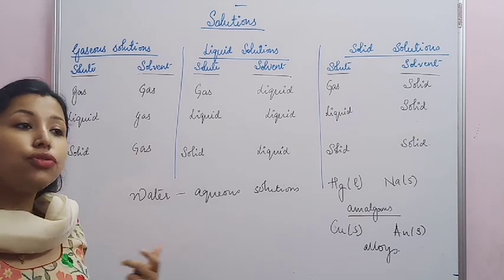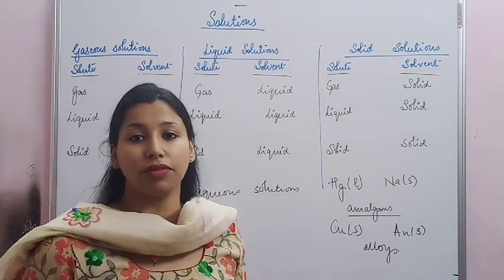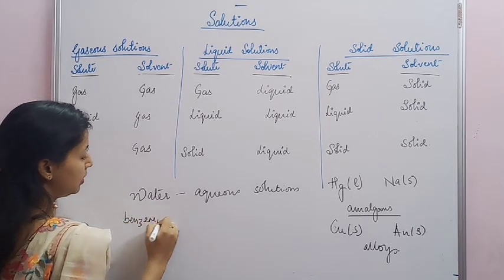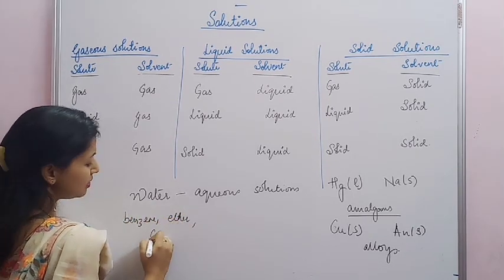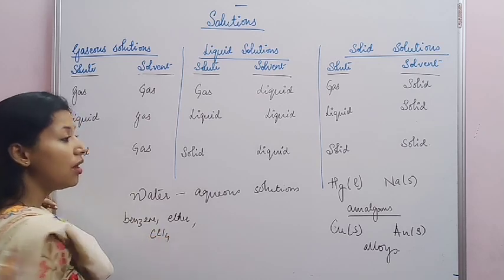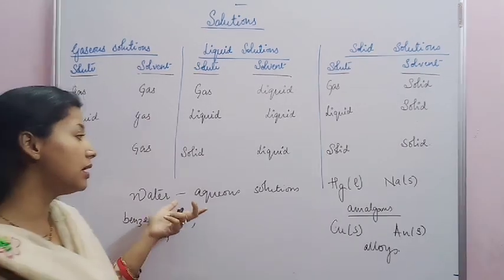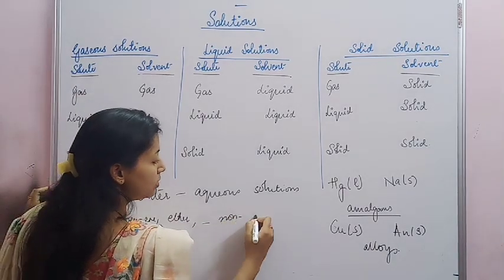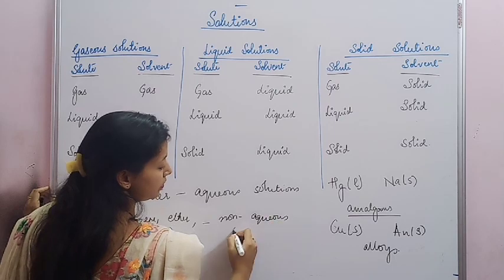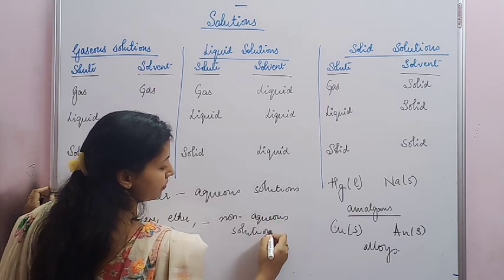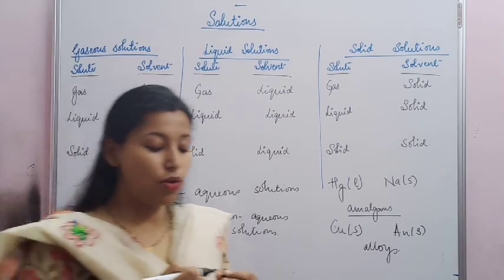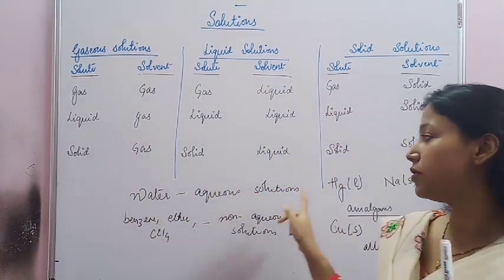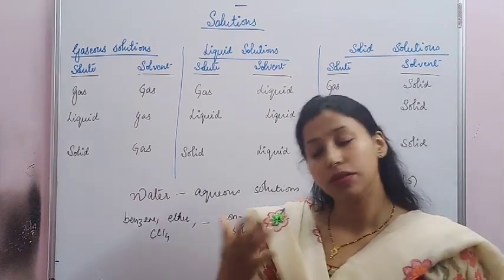And when we choose any other solvent, an organic solvent like benzene, ether, CCl4, or other solvents other than water, in that case, your solutions will be called non-aqueous solutions. Okay, so I hope this much is clear. We have discussed types of solutions and aqueous and non-aqueous solutions. So we'll go to the next topic.